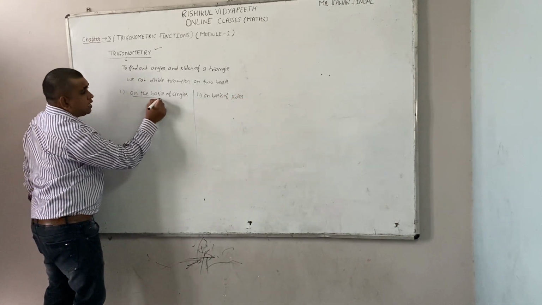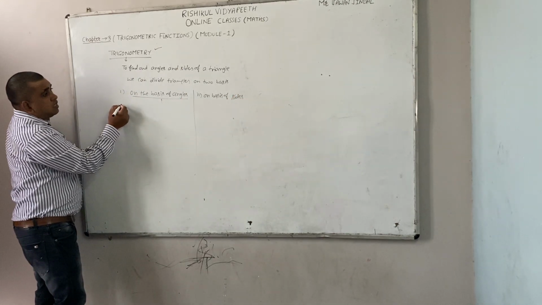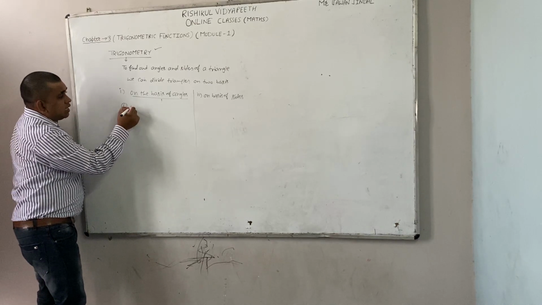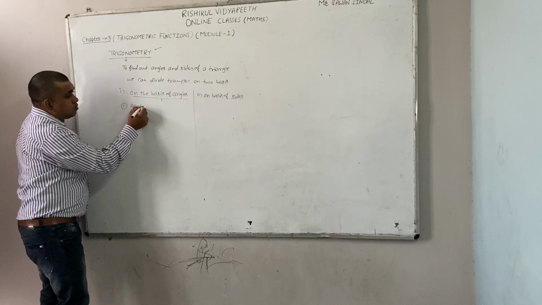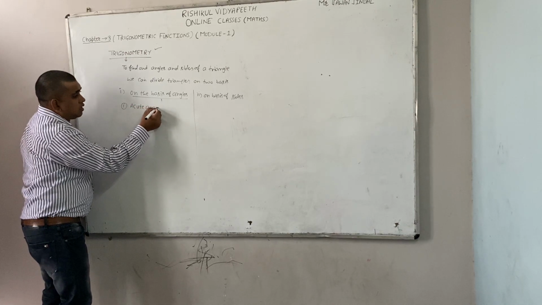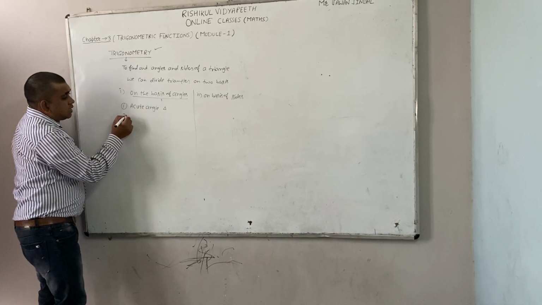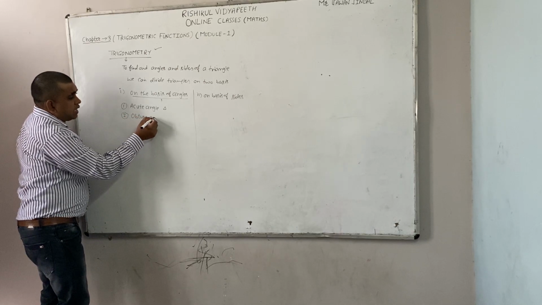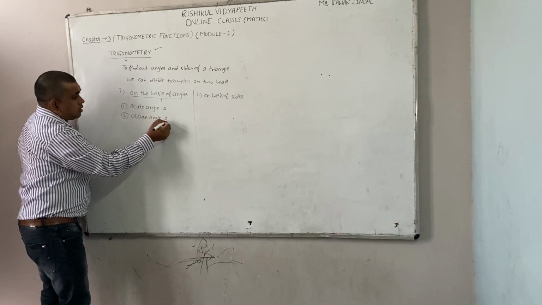On the basis of angles, we have studied three types of triangle. First is acute angle triangle. Second is obtuse angle triangle.